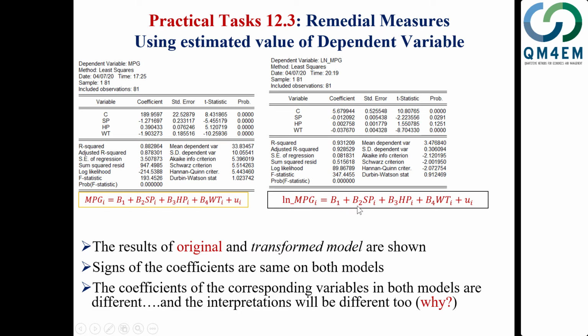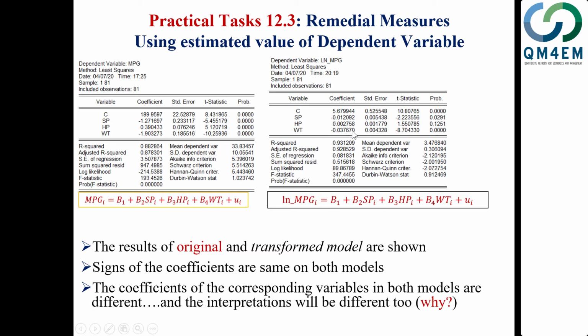In this, beta 2 shows that when SP changes by 1 unit, MPG will respond by beta 2 percent. So a unit change brings a percentage change in the dependent variable because it's a log-linear model. In case you forgot that, please go back to the previous lectures. We have detailed discussions on it. Okay, so that was the output of the regression.